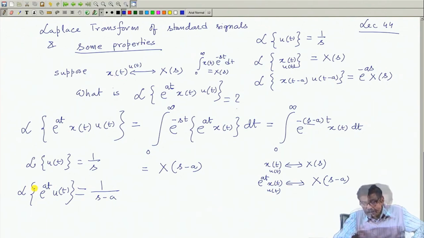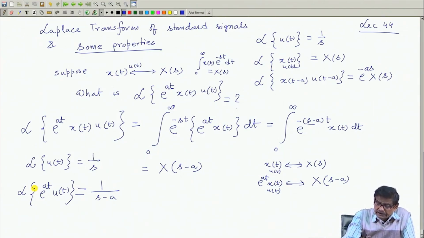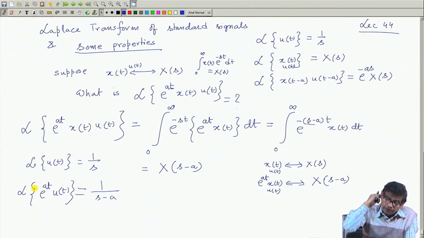So, if you multiply a function with the exponential e to the power a t, its Laplace transform is obtained by this shift. Practice it and you can find out anything. Okay. So, this is the thing. Now, some properties.